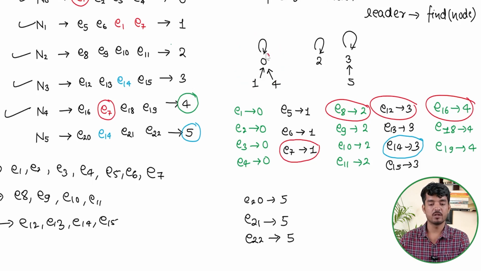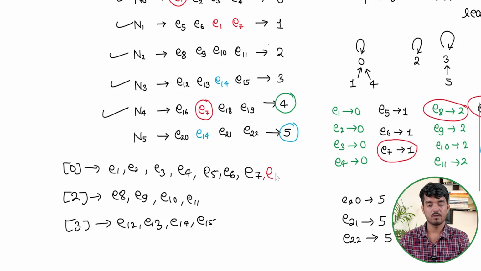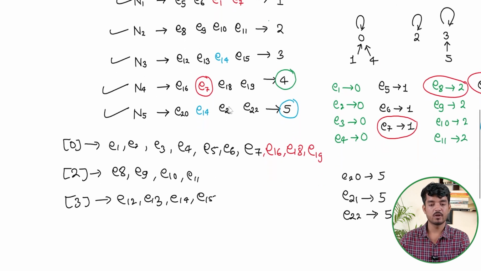The leader of this component is 0, that is key 0, and corresponding to key 0, I will simply insert E16. Then E7 is already inserted, then E18 and E19, because 0, 1 and 4 belong to the same person, because we have some common email between them. Then E19, then N5, this account. For E20, the owner is 5, meaning this component, and the leader of this component is 3. So I will add E20 here, then E14 is already inserted.